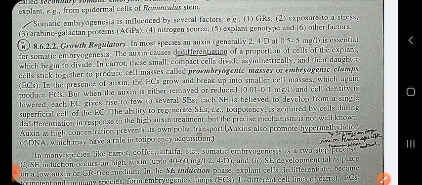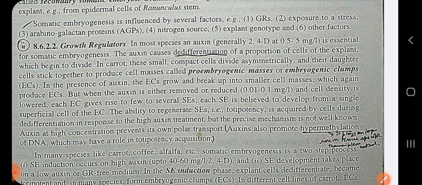Those cells which have not lost their potency of cell division will start to divide. In carrot, these small compact cells divide asymmetrically, and the daughter cells stick together to produce a cell mass called embryogenic clumps.